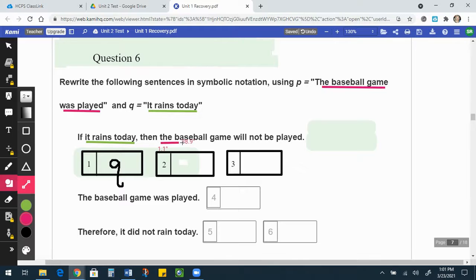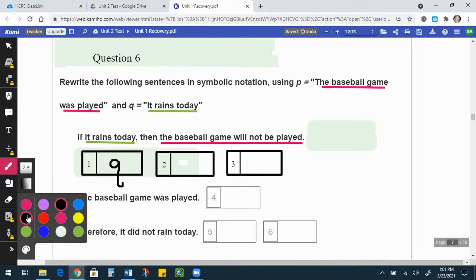So we've got to match up. The baseball game will not be played. That's very much like the P that they gave us, except it has been negated. They put in that extra not that wasn't originally there. So the third box would be negated P.